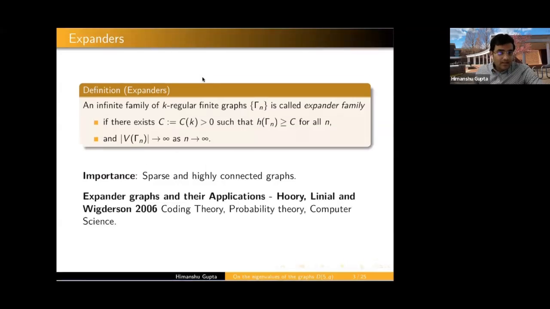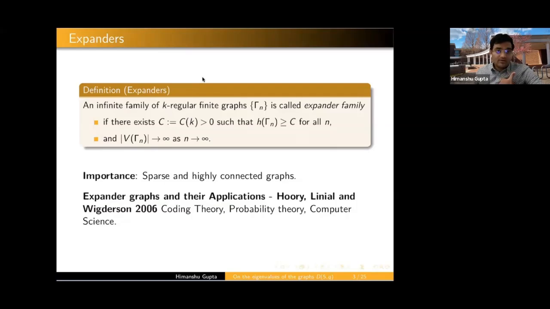There are many applications of expander graphs. They have applications in coding theory for error correcting codes. They have applications in probability theory, like random walks: if we consider a random walk on an expander, it converges pretty fast to the uniform distribution, and there are other areas of computer science as well. I would refer to the survey paper by Hoory, Linial, and Wigderson. It contains a lot of applications and the importance of expanders.